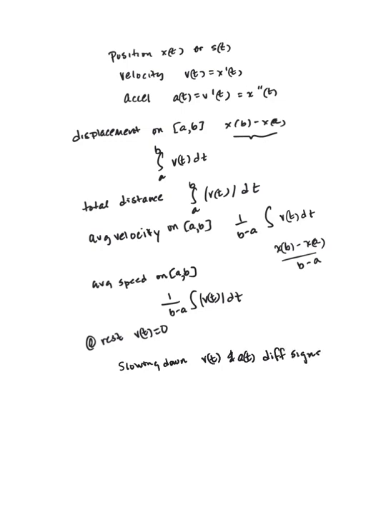And if it's speeding up, the velocity and acceleration will have the same sign. Another thing they can say for slowing down is moving toward the origin. Speeding up would be moving away from the origin.